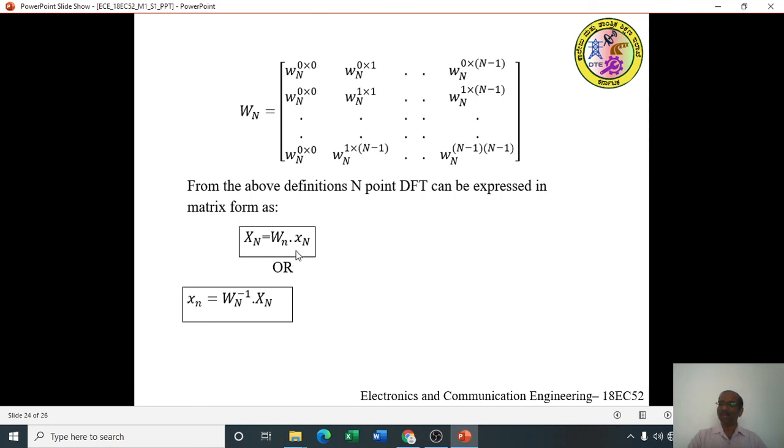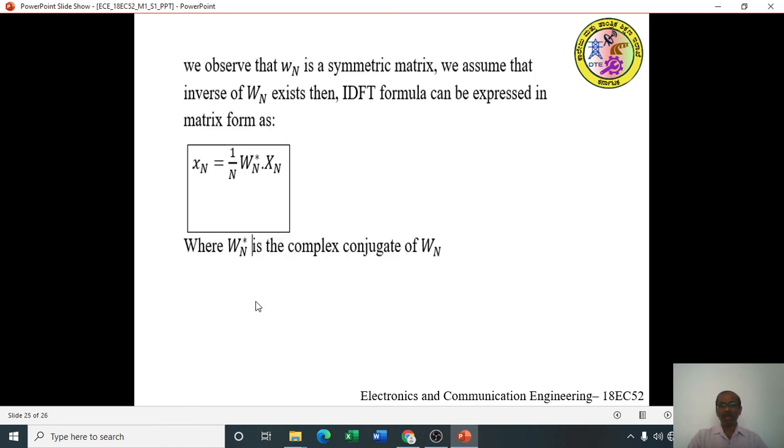Similarly, we can try out IDFT also. To get back my x of n, I can multiply omega N power minus 1, that is the inverse, into X N. When you observe our IDFT formula, it also looks like a matrix multiplication, but not with the twiddle factor.